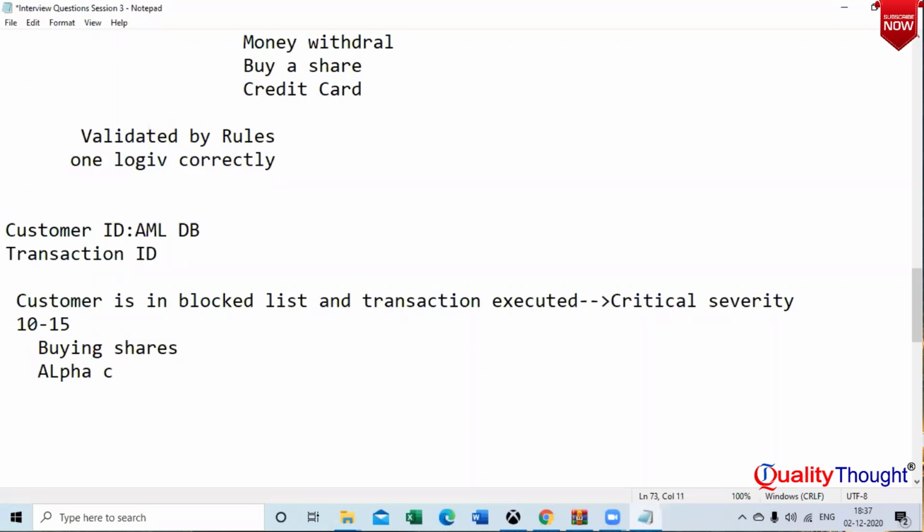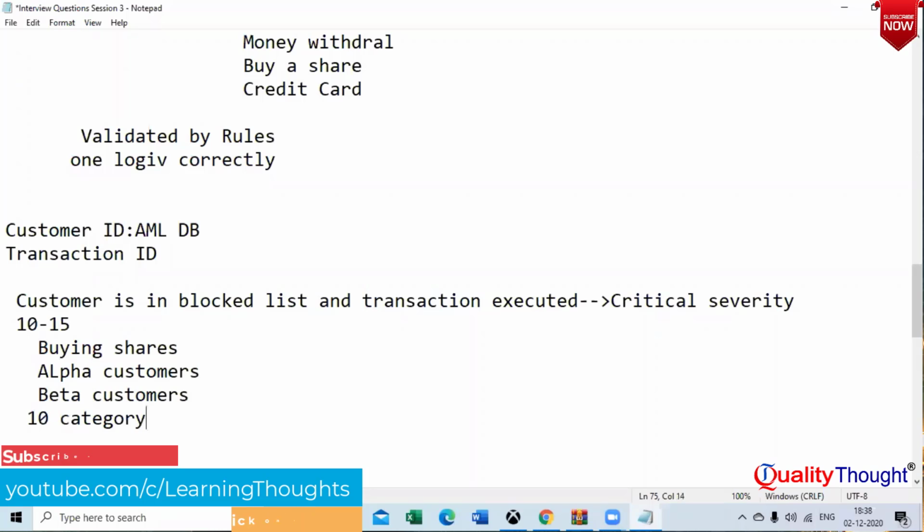So there are different categories of customers, alpha, beta. Let's say they have 10 categories of customers. For 9 categories of customers, the financial numbers are coming correctly.